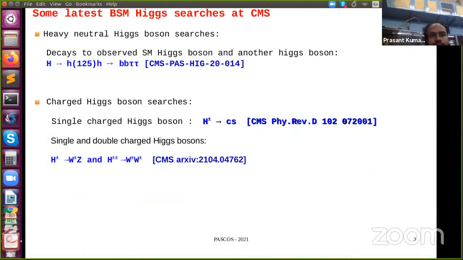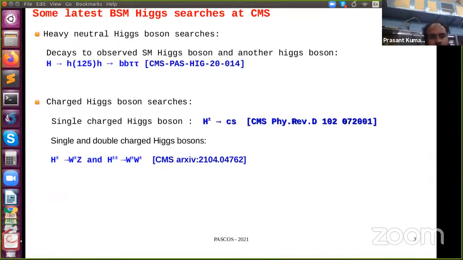These are some of the latest BSM Higgs searches at CMS. We have heavy neutral Higgs boson searches in which they decay to the observed standard model Higgs boson and another Higgs boson.